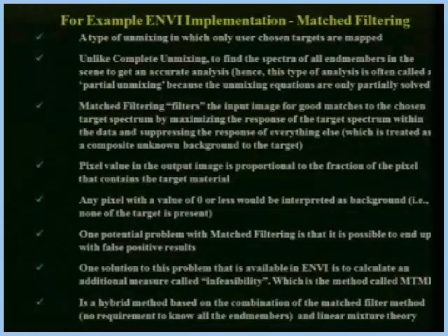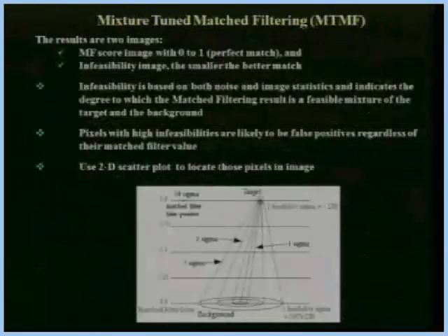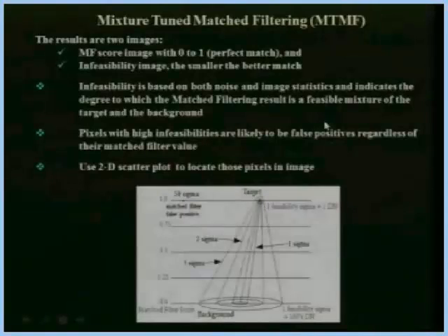One of the common implementations of this linear unmixing, as far as ENVI is concerned, is a matched filtering application, which is a partial unmixing and finds spectra of endmembers in the scene to get an accurate analysis. It generates two outputs: one is the matched filter score and the other is the infeasibility image.